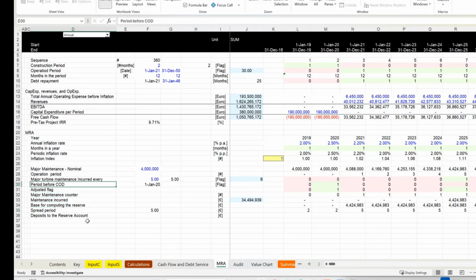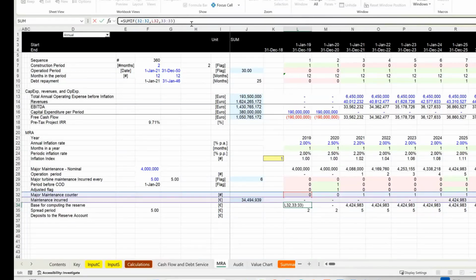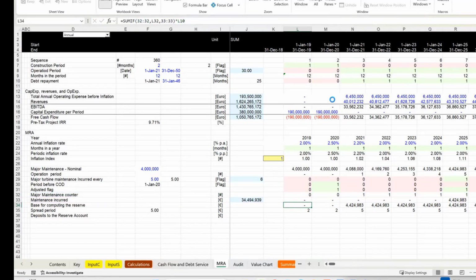Okay. So let's just use it as the base for computing the reserve down there in line 34. Is that the one? I think we can multiply that by that debt repayment flag, so we don't keep putting it in a reserve account after the debt repayment.